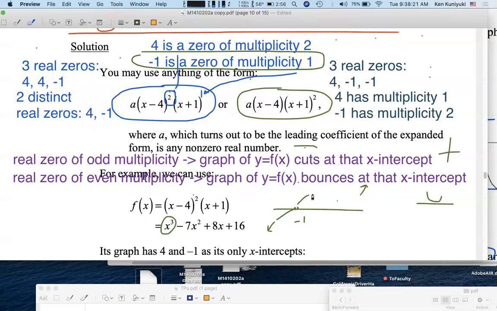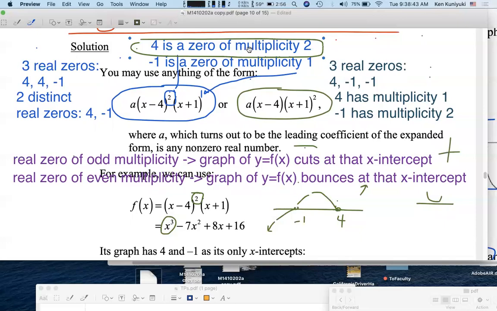Now, I don't know where this graph peaks, but I do know it's got to fall down to earth because we have another 0 at x equals 4. We get another x-intercept at x equals 4. The multiplicity there is even. The multiplicity there is 2. 4 is a real zero of multiplicity 2.